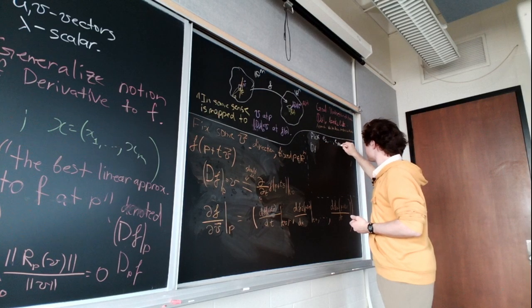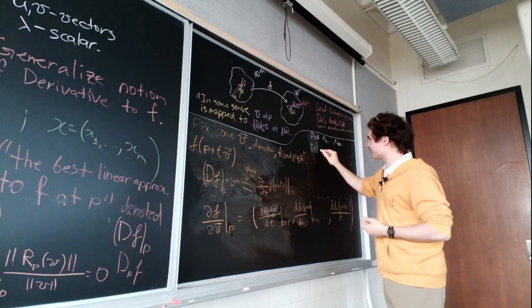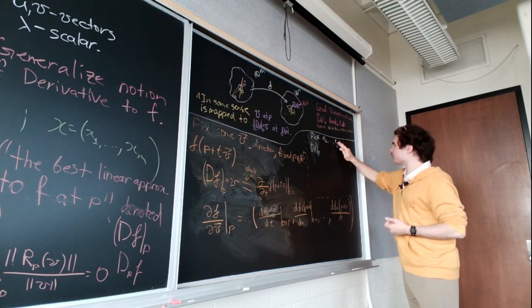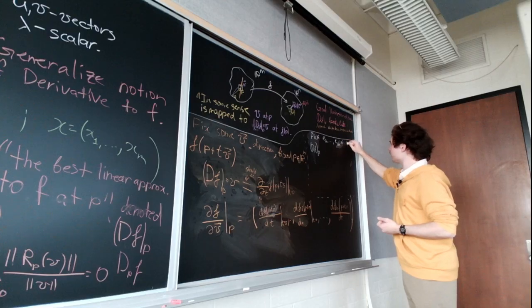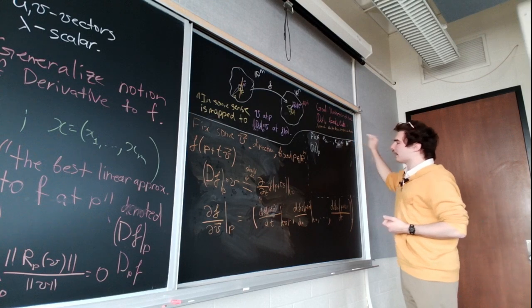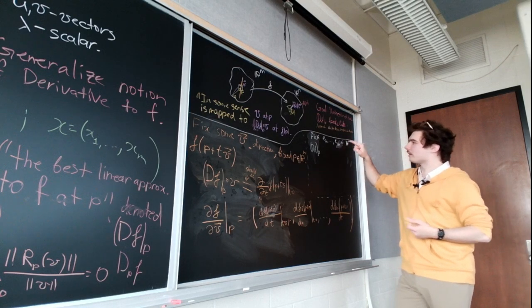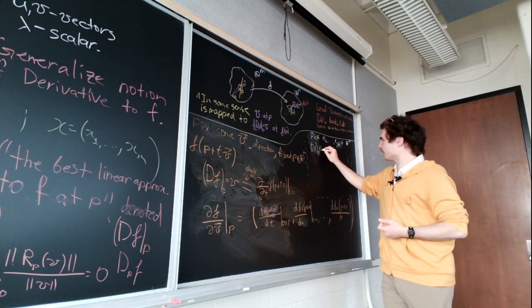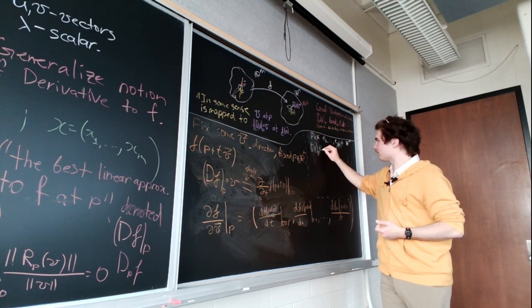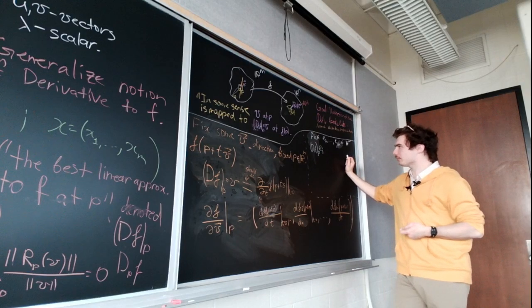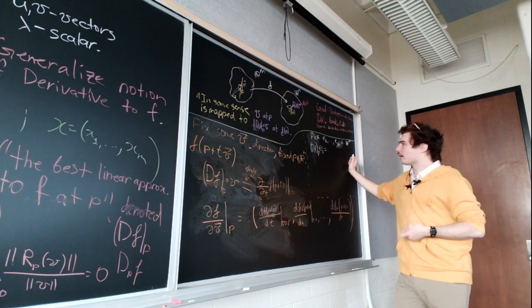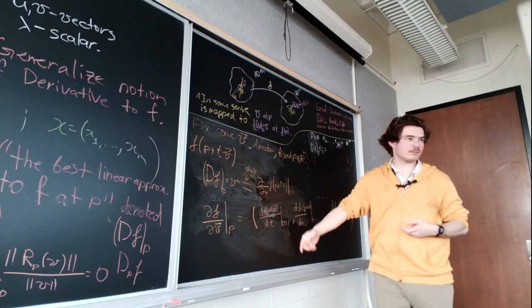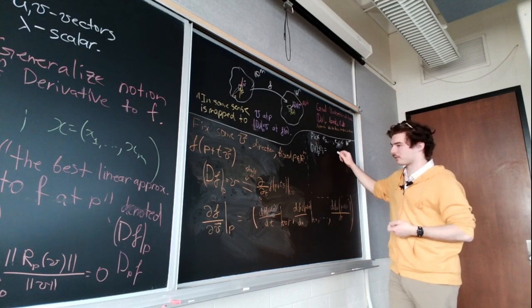Okay, M. That's right. Sorry, there are M vectors in Rm. And I want to figure out how dfp acts on all of these vectors, Ej. Well, I told you, I take this derivative like this.